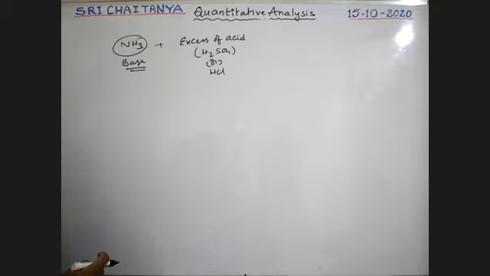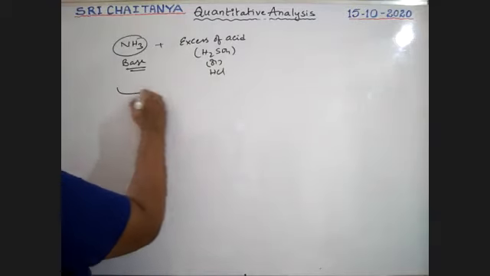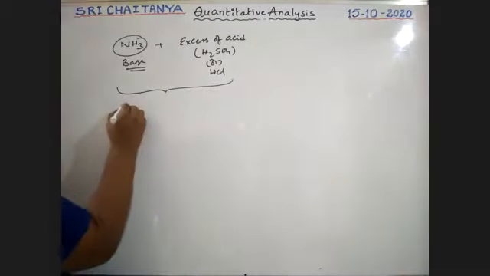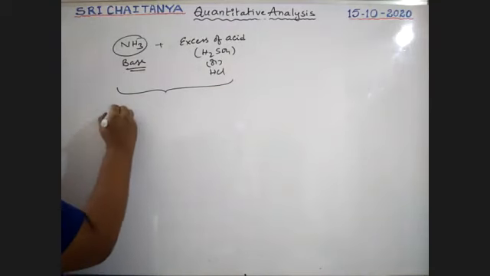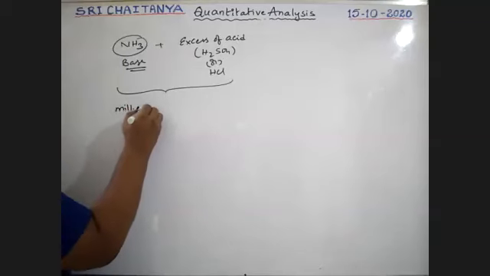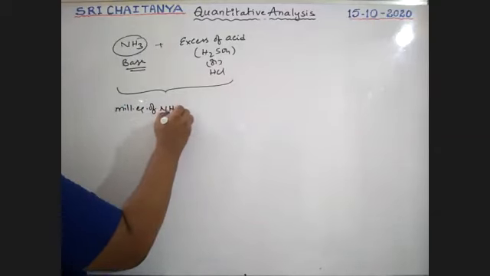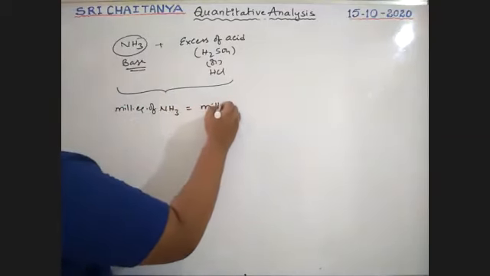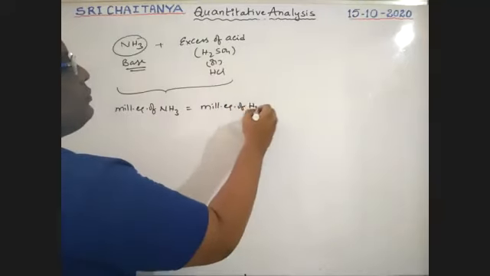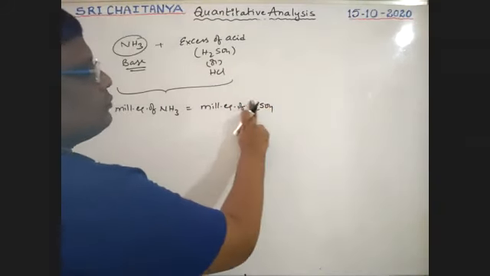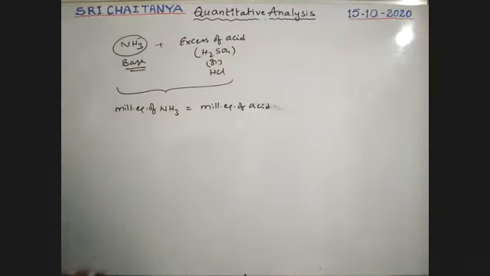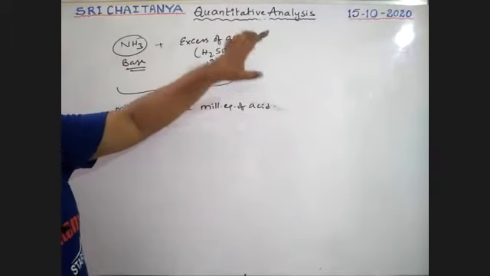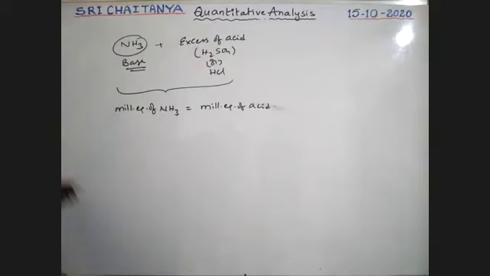So that means here gram equivalents, I am taking milliequivalents. Milliequivalents of ammonia is equal to milliequivalents of acid. I am taking milliequivalents because these two are exactly reacted. By using that reaction, we are using a formula.